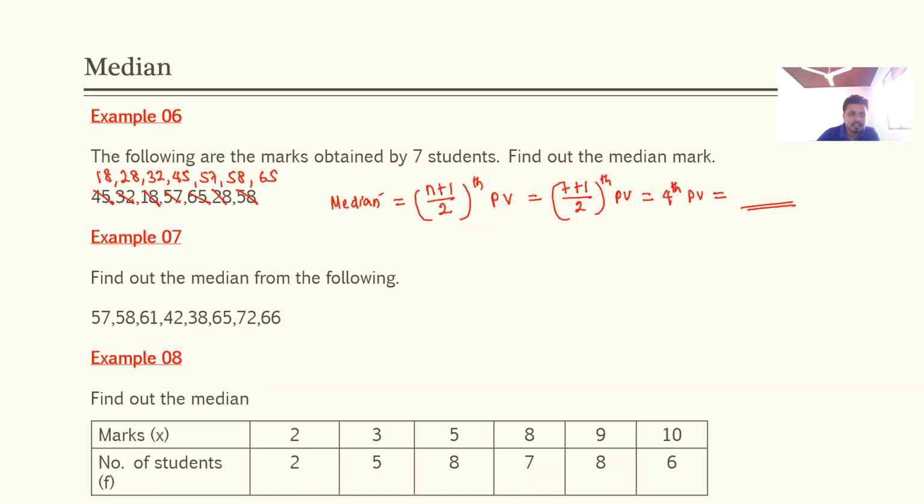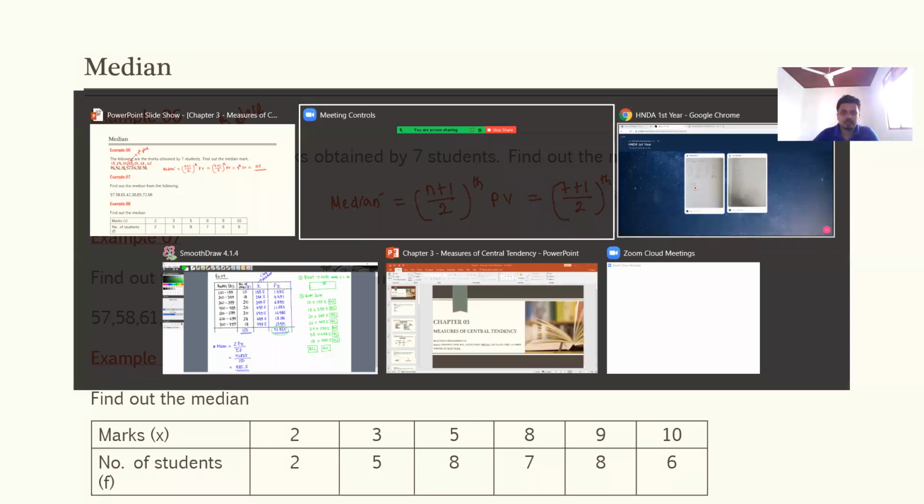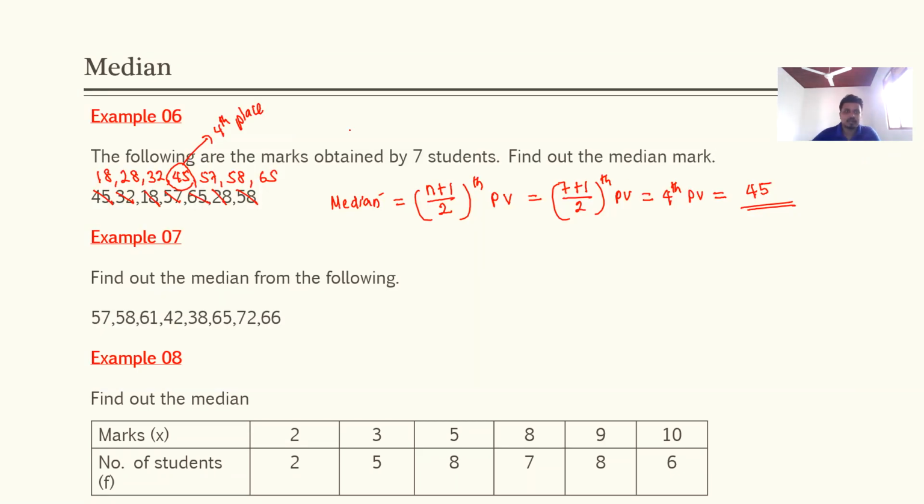This is the first one. 28, that is the second observation. 32 is the third one. 45, this is at the fourth place. After arranging in order, the fourth one is 45. So our median value should be what? 45. So for example number 6, the answer should be 45.